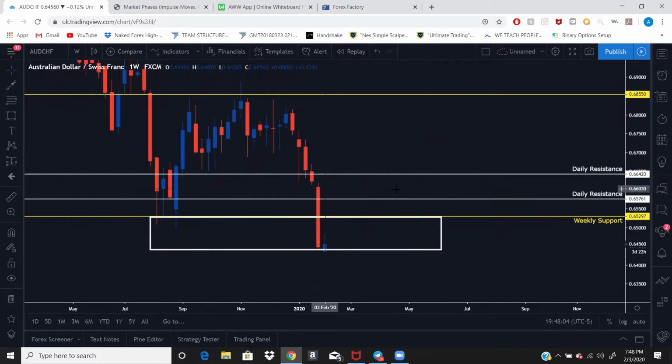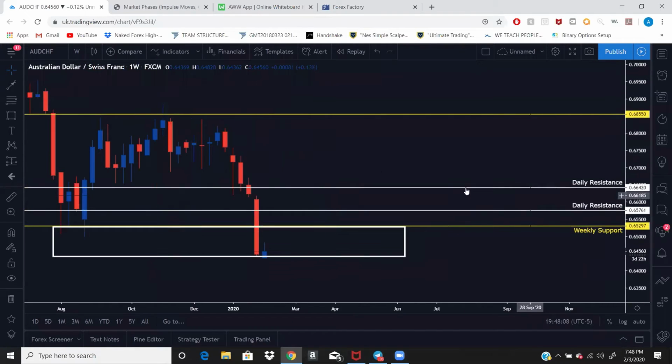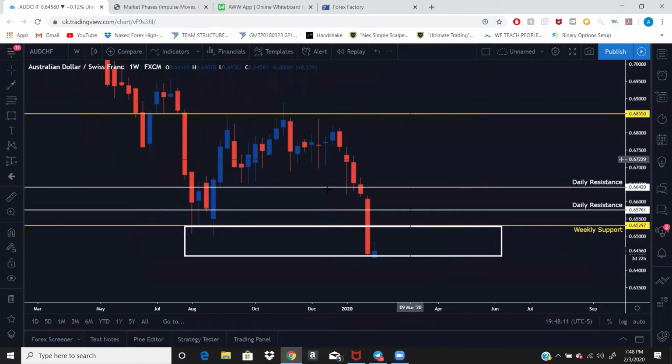You will see a lot of orders coming into the market as buys across AUD, not just this particular pair, which set another historical low just recently on Friday.